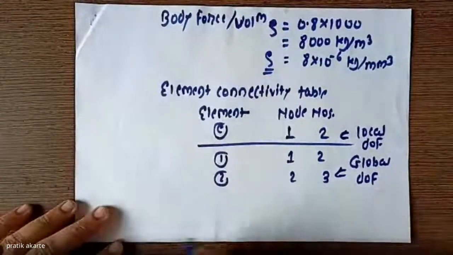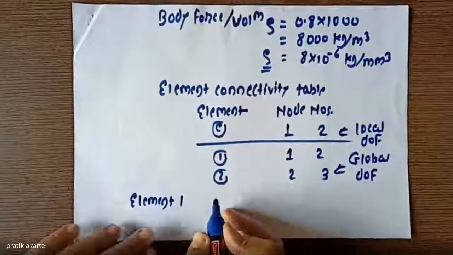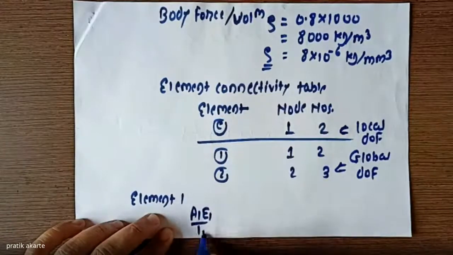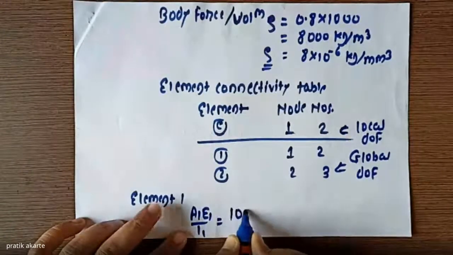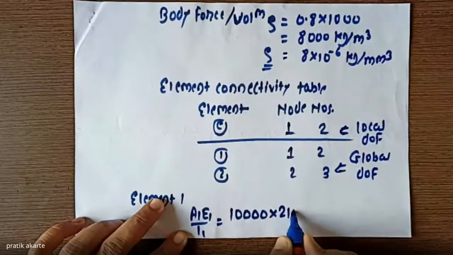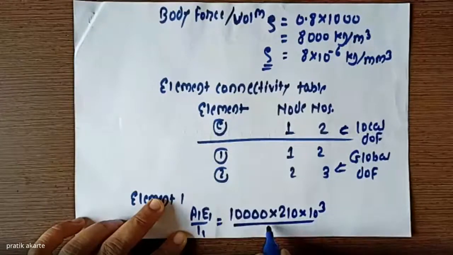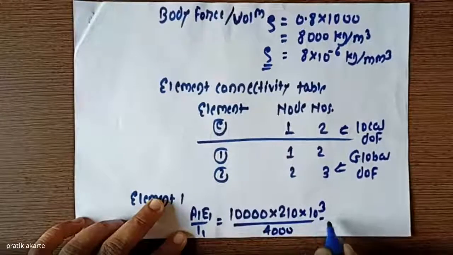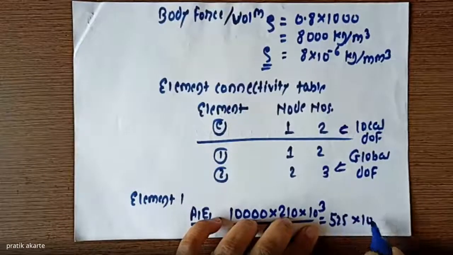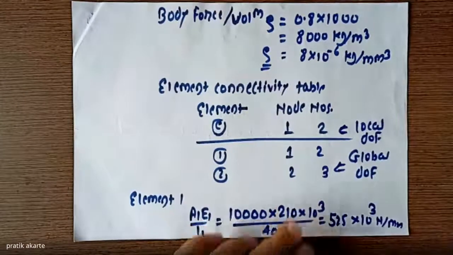Now for element number 1, I can write A1 E1 upon L1, which is equal to, area is 10,000 square millimeter, E value is 200 into 10 to the power 3, divided by 4,000 millimeter, which is the length, which is coming out to be 525 into 10 to the power 3 Newton per millimeter.